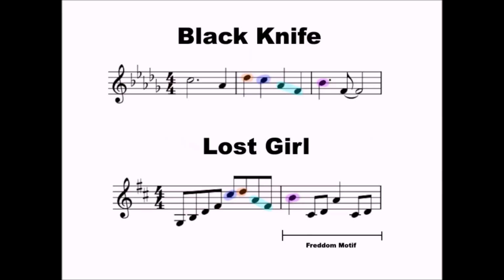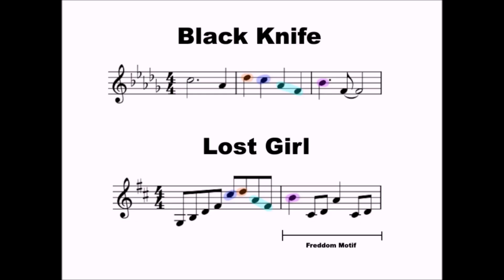In the second image, I've highlighted the way that the second part of Black Knife directly references Lost Girl. It's the exact same notes, so again we have orange, dark blue, and the two light blue notes, and I've only highlighted the C in dark blue because I wanted to show you that it's the same notes in Lost Girl as well. They're just switched. The order is switched.